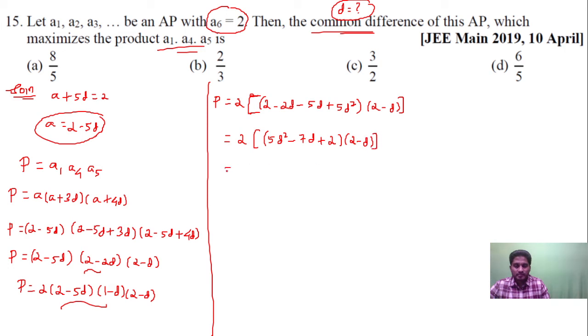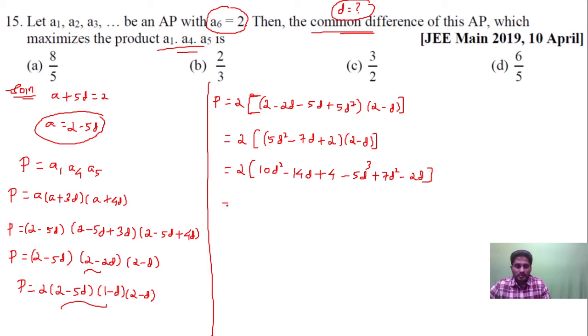Now let's further multiply. This will be equal to 10d square minus 14d plus 4. Okay, so this is plus 4, minus 5d cube plus 7d square minus 2d.